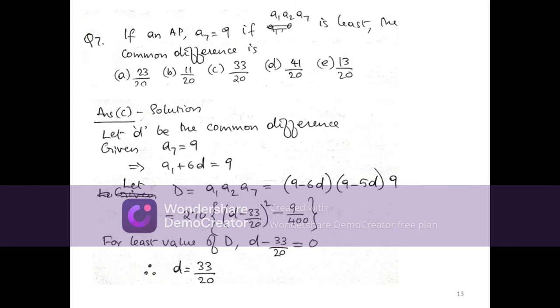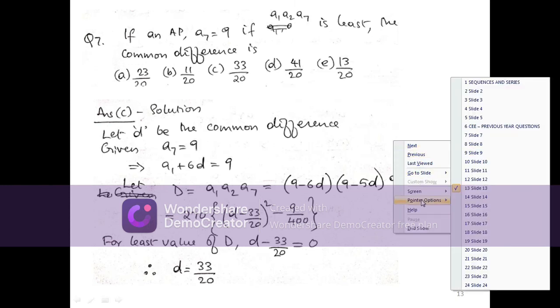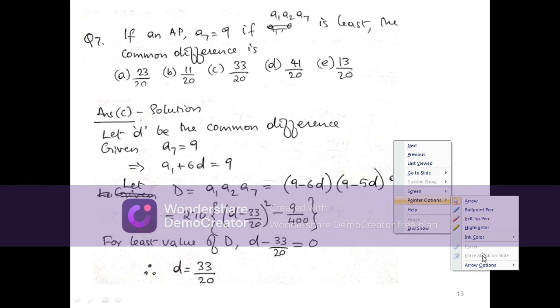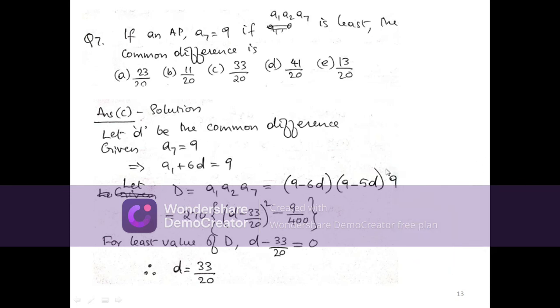So you have 81, so 9 minus 6d into 9 minus 5d.